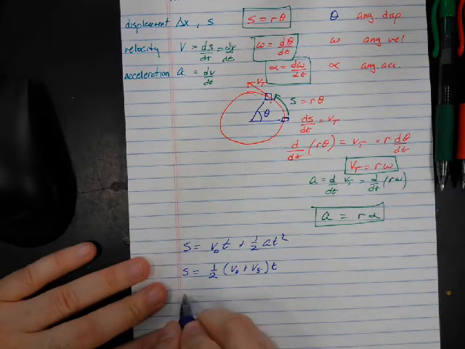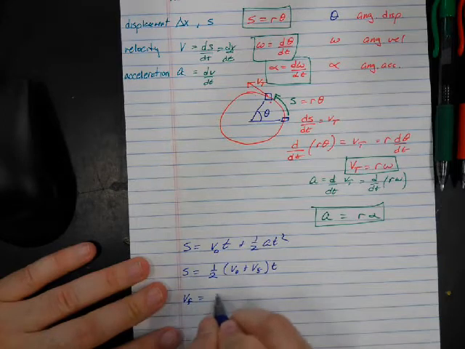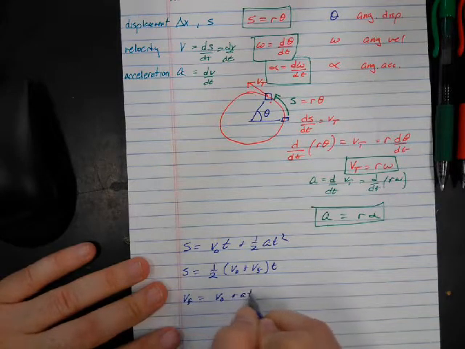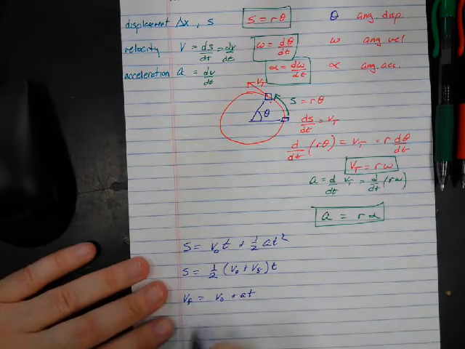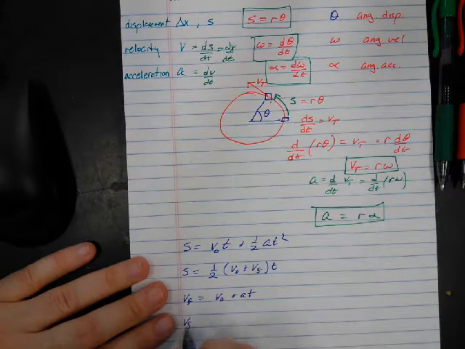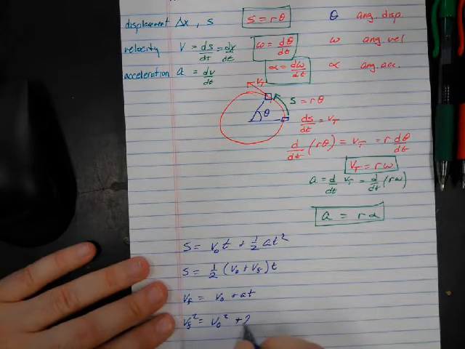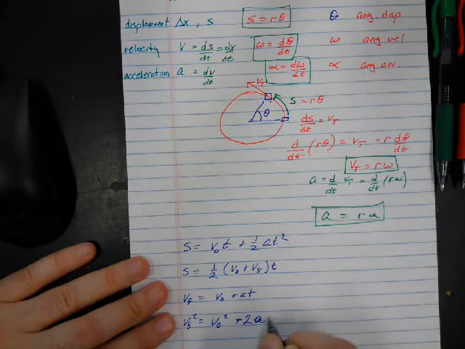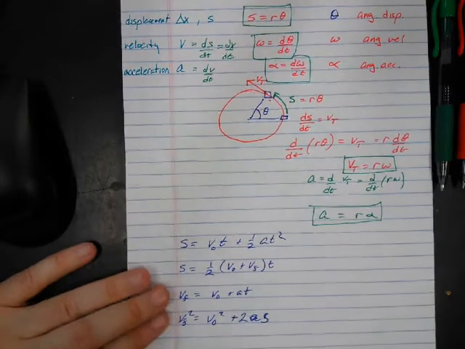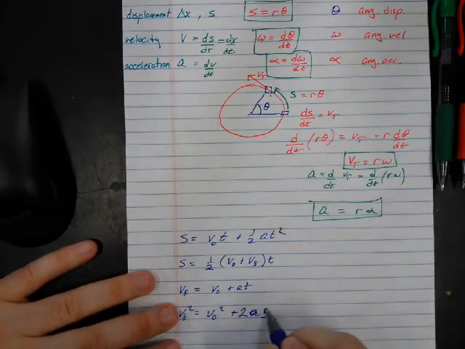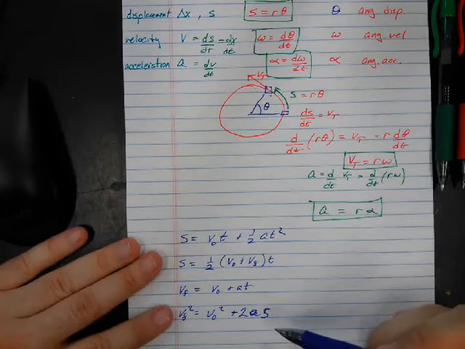We had v final is v initial plus at. And we had v final squared is v initial squared plus 2a, in this case s instead of delta x. So those were our four kinematic equations.